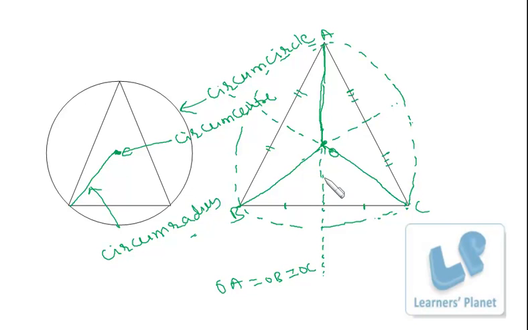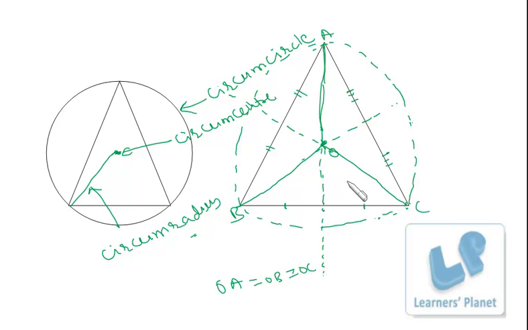So precisely, circumcenter is the concurrence point of all the three perpendicular bisectors of the triangle. That's an important property, an important definition.